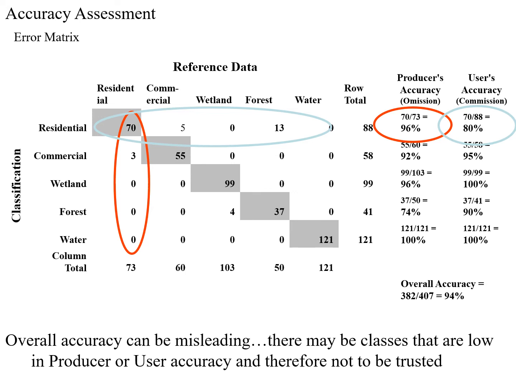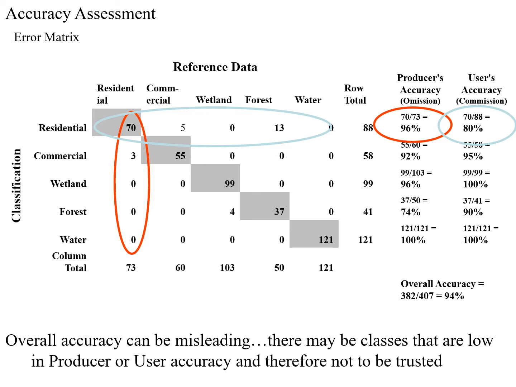Another class like forests, the producer's accuracy is relatively poor. It's only 74%. So only 74% of what I was looking at was actually forest, and the rest of it was residential.